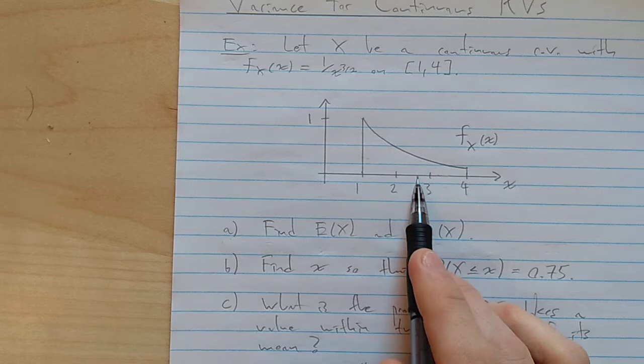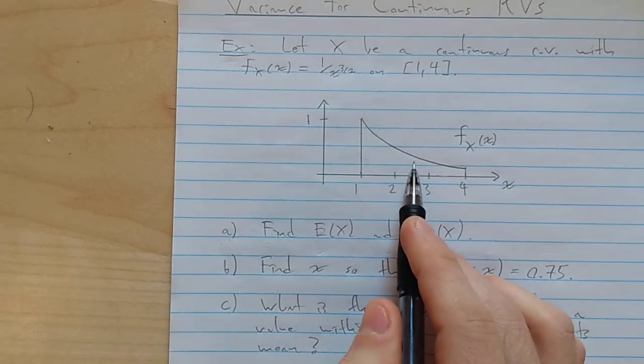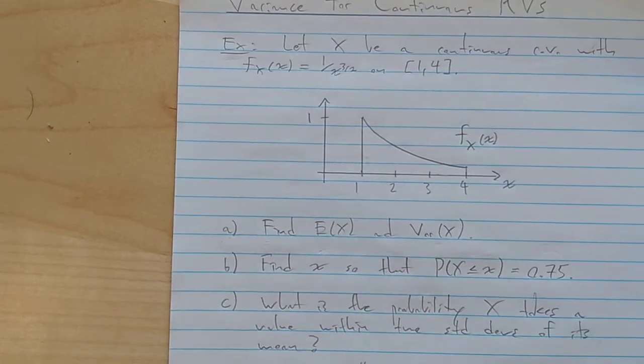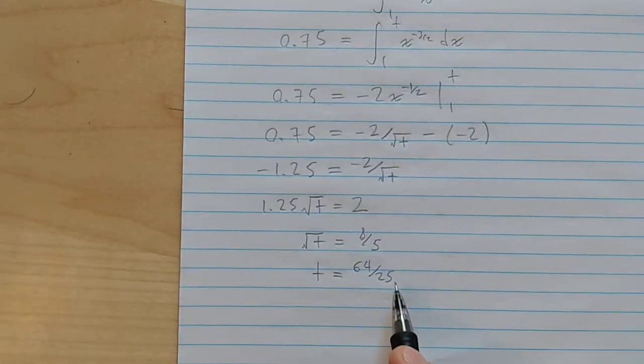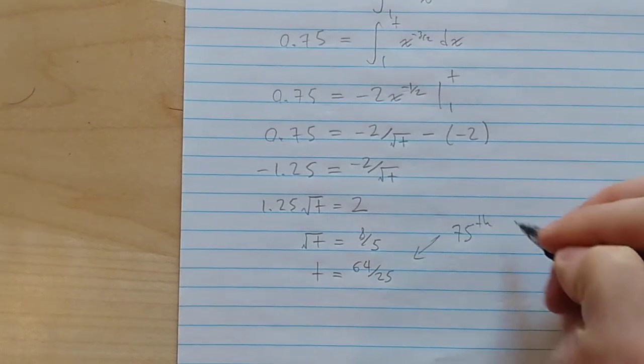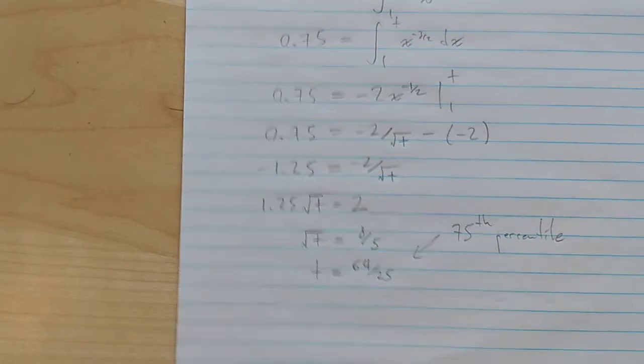That's the 75th percentile. So if you were to put 64 over 25 on this axis and measure the area on the left, you would get 0.75, and the area on the right would be 0.25. So it's called the 75th percentile of the distribution. Okay.